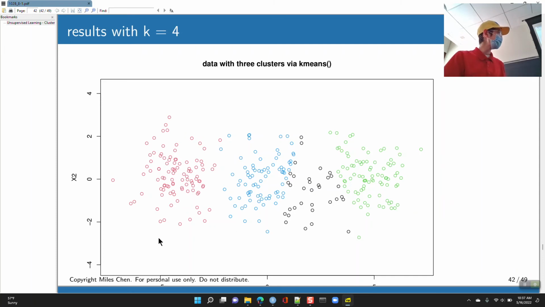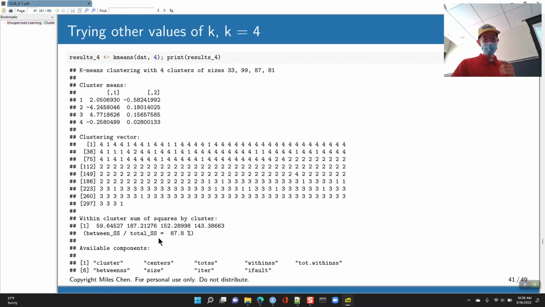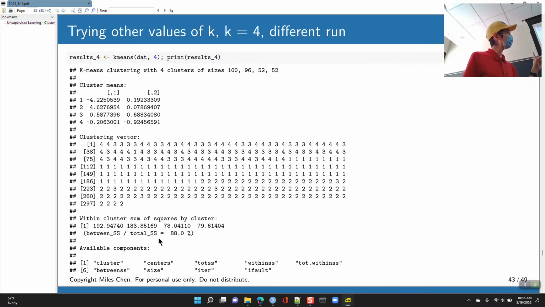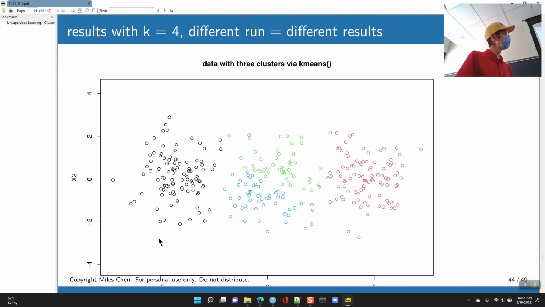That's with k equal to 4, and that's with one random starting seed. If I did k equals 4 again and just changed the starting seed, I end up getting a different cluster assignment. And again, these assignments are stable, in that if I calculate the mean of the red cluster, the green cluster, the blue cluster and the black cluster, all of these points are closest to the blue cluster.